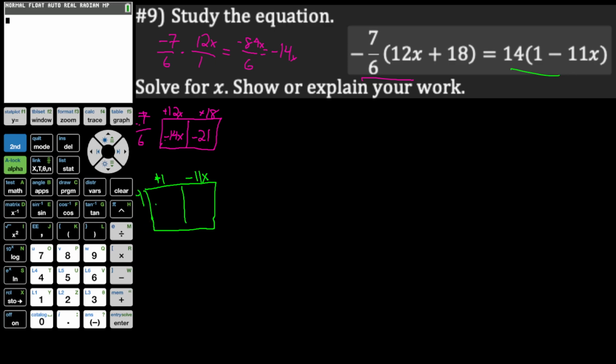So this is going to be positive 14, and negative 154 times x. Now that I have my two products, what I just did was the distributive property. If you need to double check on how to do that, please do ask.